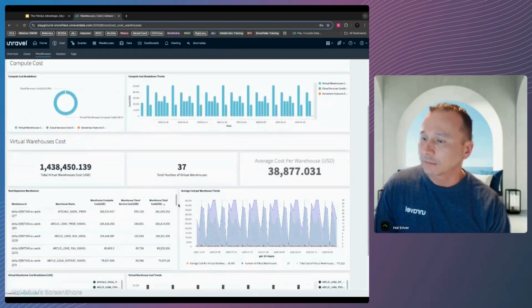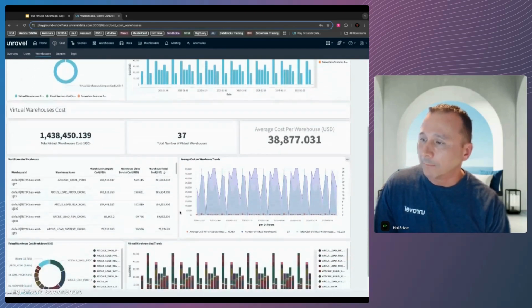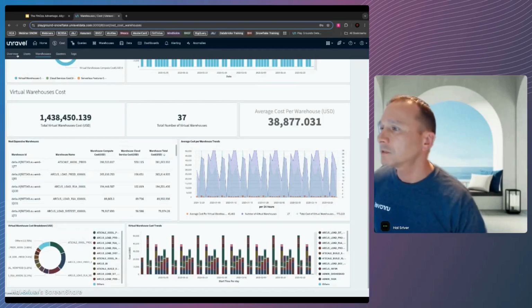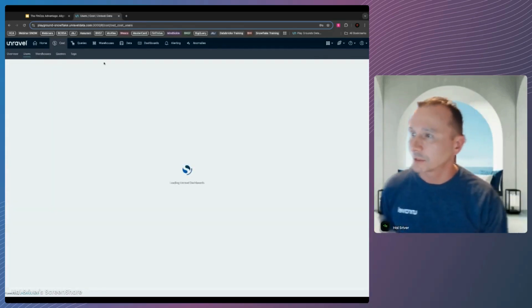I start to get down into some nitty gritty around the most expensive warehouses, listing those out top to bottom, average cost trends for those warehouses, and a cost breakdown across all of those warehouses. So next, I'm going to jump to this users subtab.